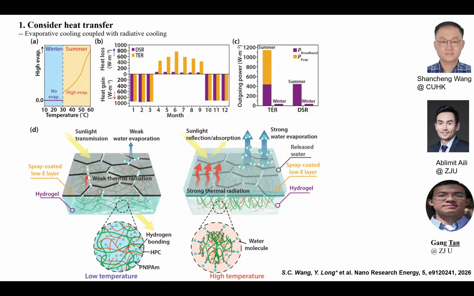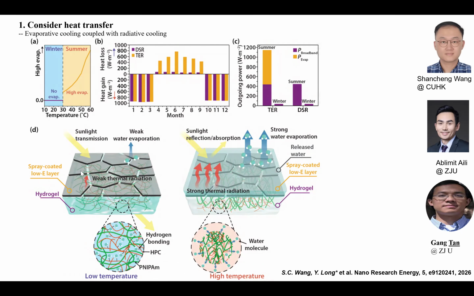So this is a masking layer. When the temperature goes up, this masking layer is going to sink down. So we are going to have very strong water evaporation and very high sunlight reflection. Okay, so this is the summer state.